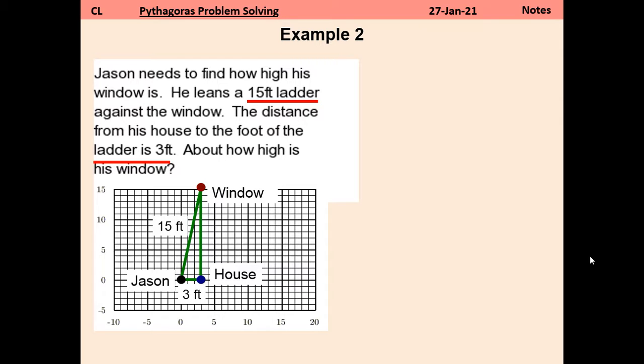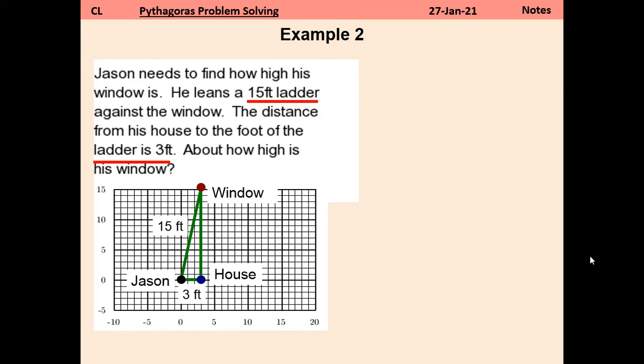So you can tell, if you use your imagination and common sense, that the ladder against the window wouldn't be vertical, straight up. The ladder would have to lean against the window, so it would be diagonal, and it's represented by that triangle over there. So what we need to do in this question, it says about how high is his window from his house. So we need to work out what that side is.